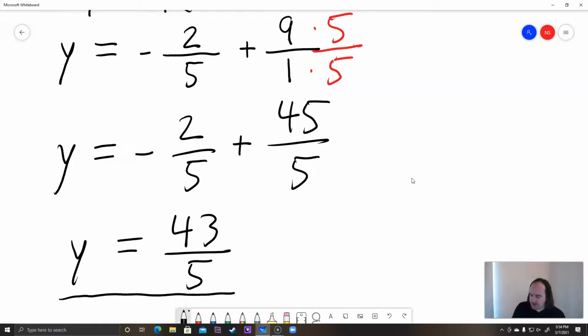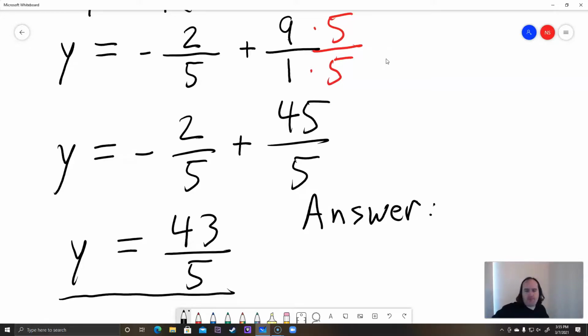And of course, if the fraction's not in lowest terms, you're going to have to divide the top and the bottom by common factors until there's no more common factors. But here, 43 is not divisible by 5, so we just leave it as 43 over 5. Okay, and then of course, how do we write our answer? Our answer has to be written in the form x comma y.